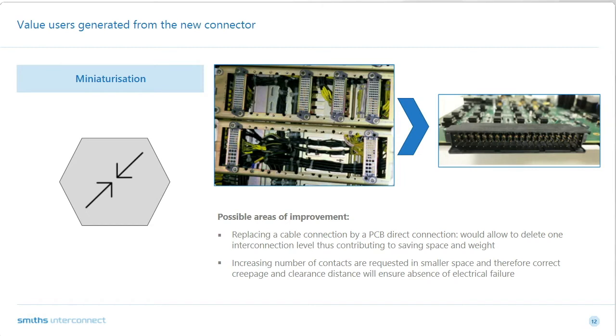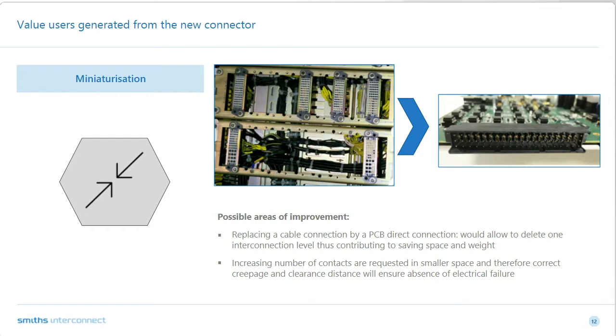Any incorrect specification around those creepage and clearance distances would result in failure of the dielectric breakdown voltage over the lifetime of the connector. So I suppose the icing on the cake for us was not only to reduce the size, but to ultimately comply with the overall specification requirements from a creepage and clearance distance perspective.